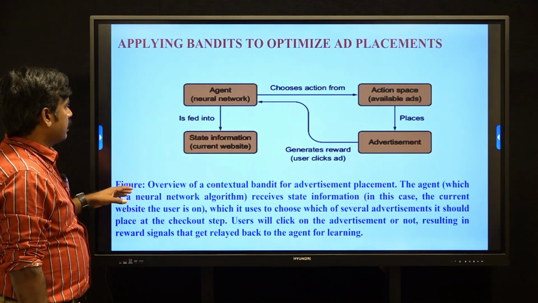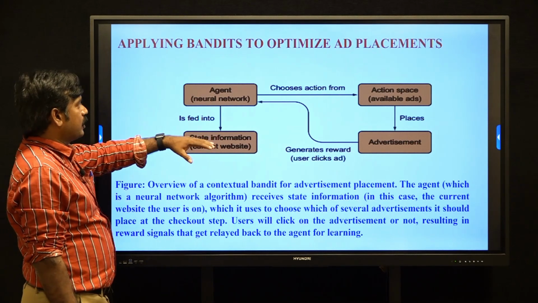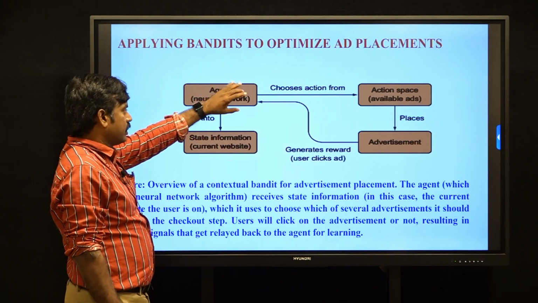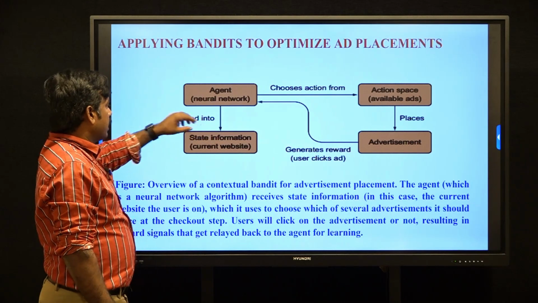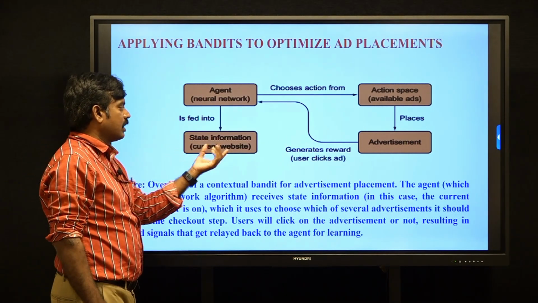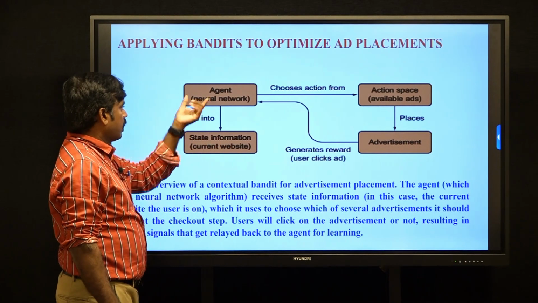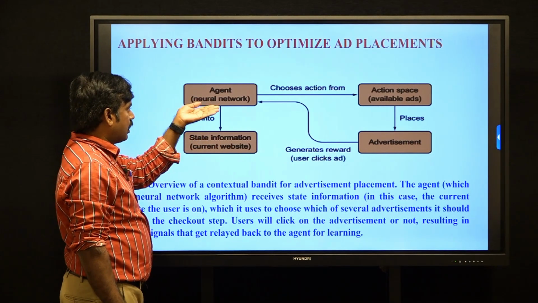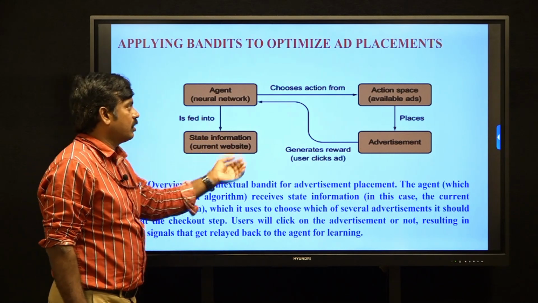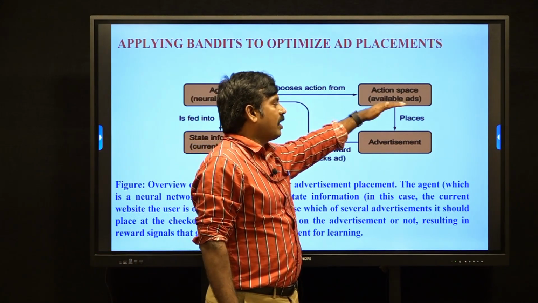So, the conclusion of this ad placement: the agent here is a neural network. The neural network agent is fed state information, which is the current website, and chooses an action from the available ads.